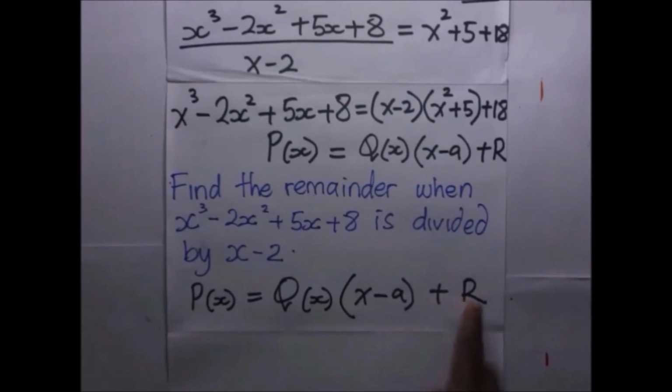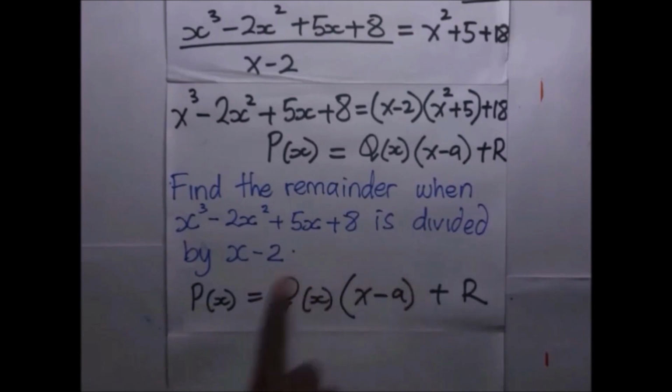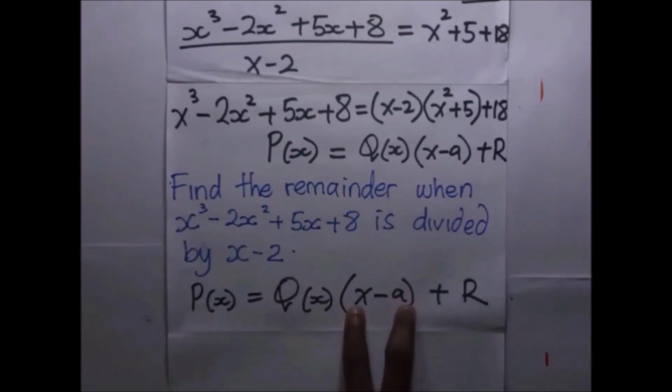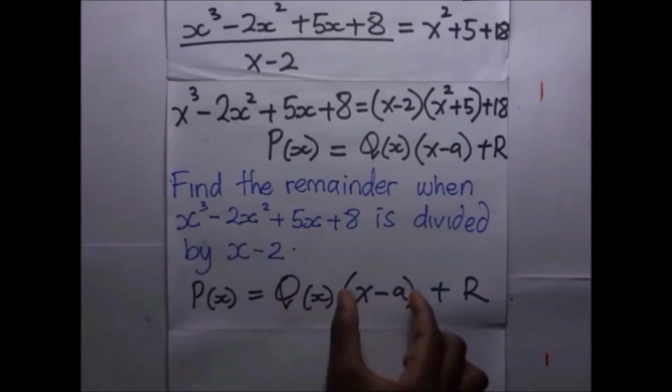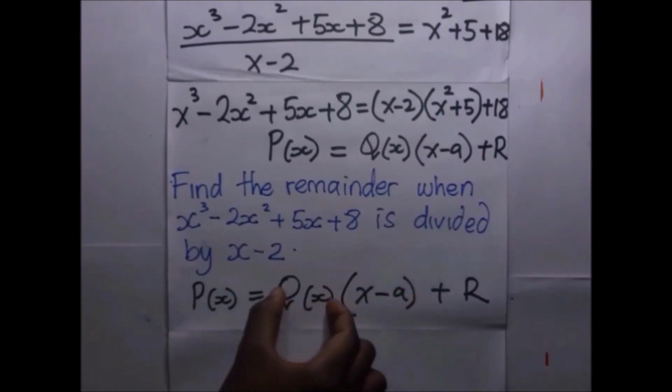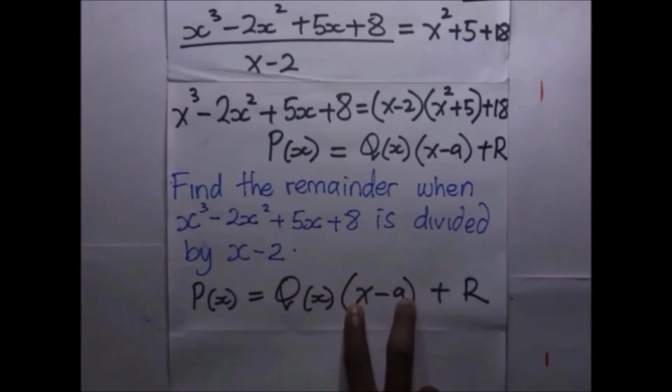So for us to get this remainder, this whole term should be equal to 0 for us to get the value of r. For this to be 0, either the divisor must be 0 or the quotient must be 0. We do not have the quotient, but we have the divisor, which is x minus 2.